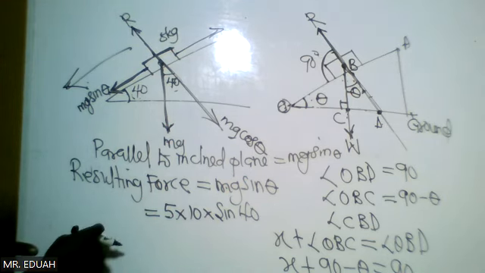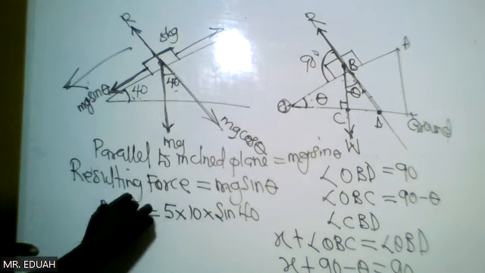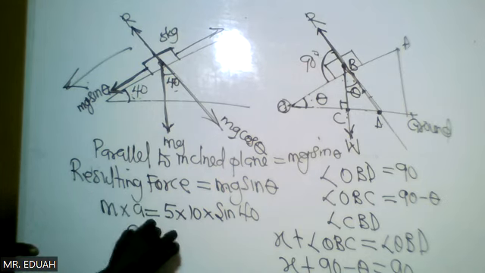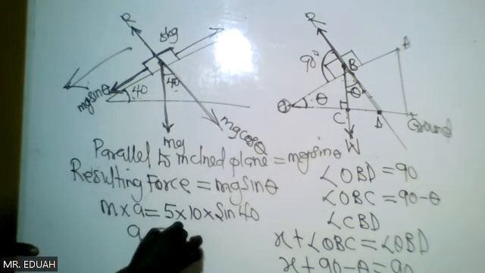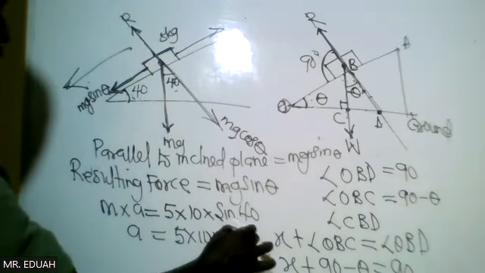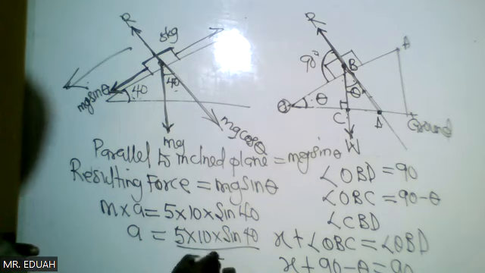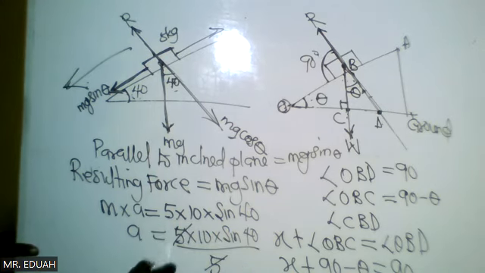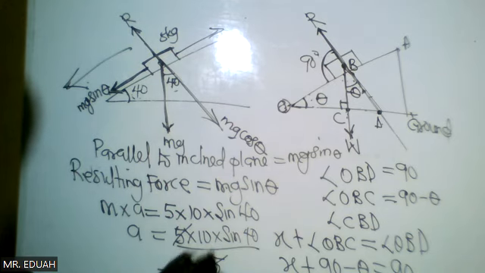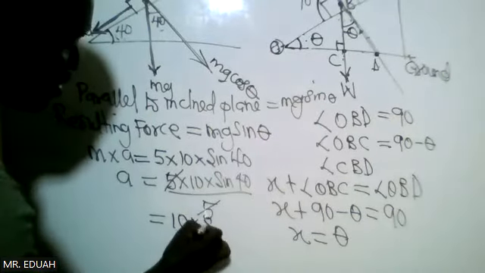Every force, whether resultant or net force, is given by M times A. So A would be equal to 5 times 10 times sine of 40 divided by the mass, which is 5. So 5 cancels 5. Therefore, the acceleration is given by g sine theta, which is 10 times the sine of 40.